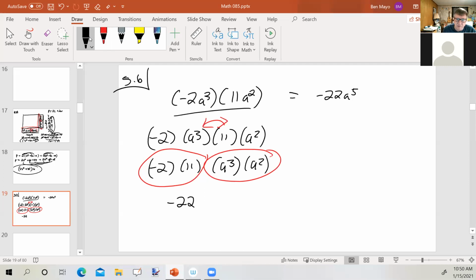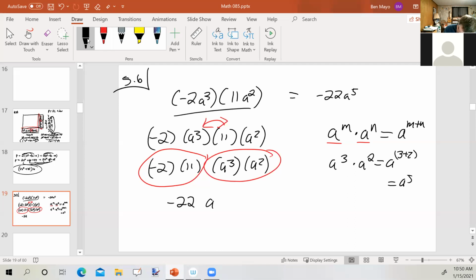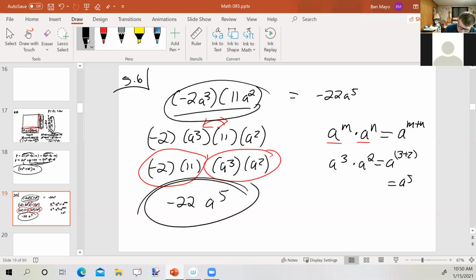It's in section 5.2, the first half of this chapter, that says when you're multiplying 2 powers that have the same base, you add the exponents. So a cubed times a squared would be a to the 3 plus 2 power, or a to the fifth power. So that's how I get from here to here.